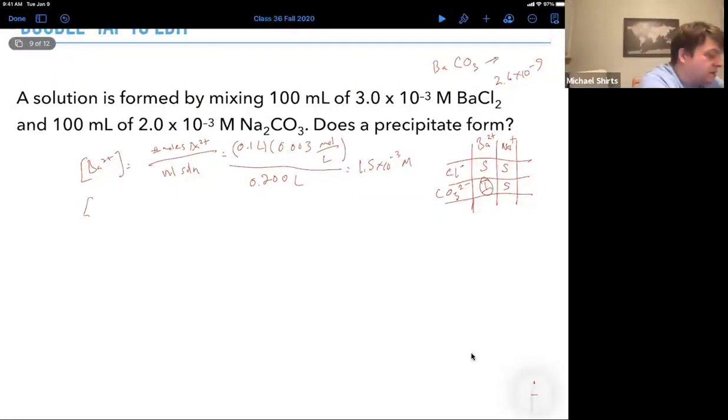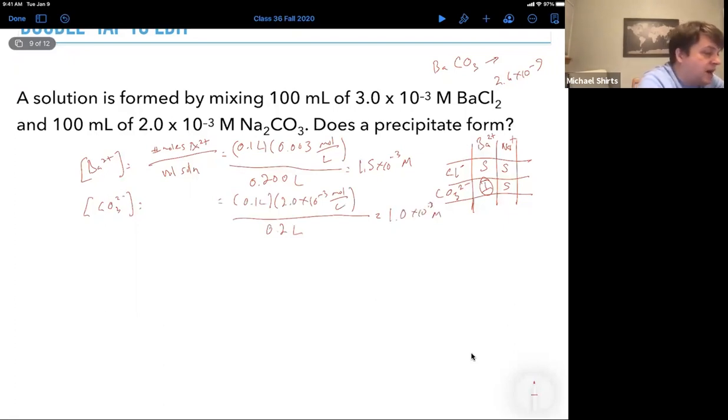The concentration of carbonate is going to be just the number of moles of carbonate divided by the volume of solution, and that is 0.1 liters times 2.0 times 10 to the minus 3 moles per liter divided by the same total volume, 0.2 liters, and that ends up being 1.0 times 10 to the minus 3 molar.